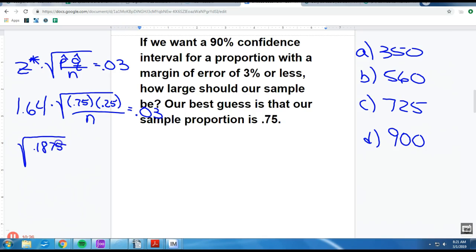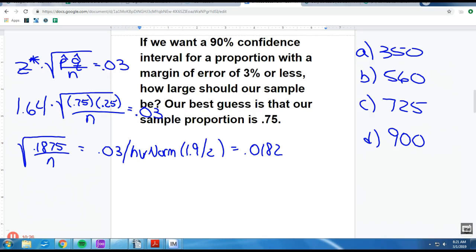Over N equals, and I'm just going to type 0.03 divided by inverse norm 1.9 divided by 2. So I'm making the calculator do all of it, like don't round, carry out everything. What does this come out to approximately? Do other people agree with that? Something around there, okay.